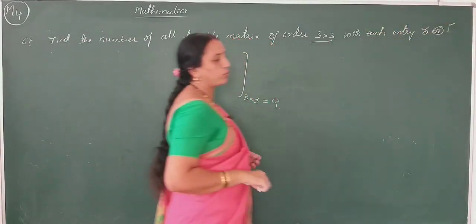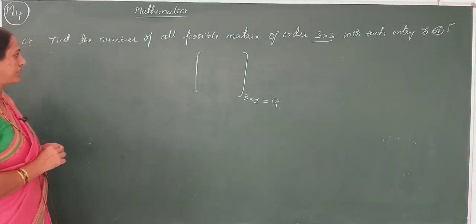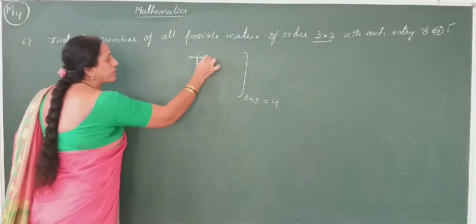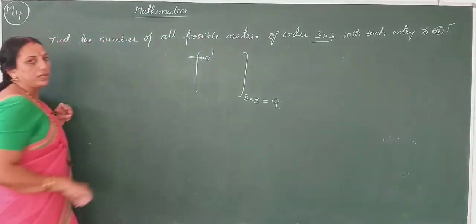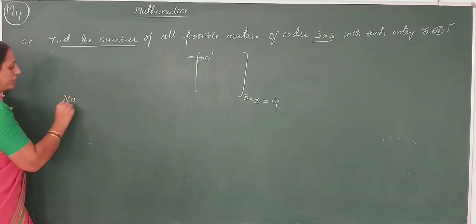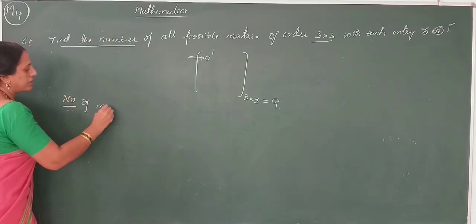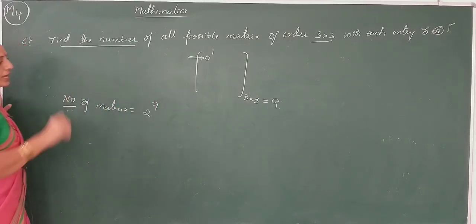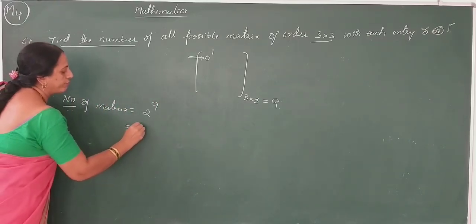Whether it begins with 0 or with 1, we have two possibilities for each element. Therefore the total number of possible matrices is 2 to the power of 9, which is nothing but 512.